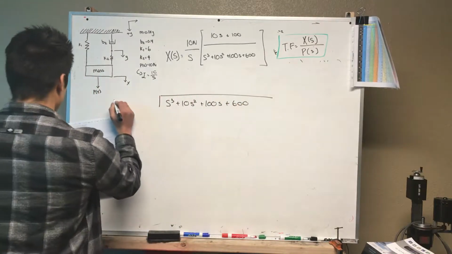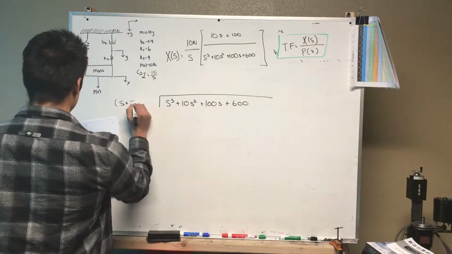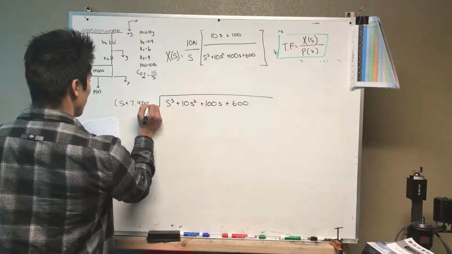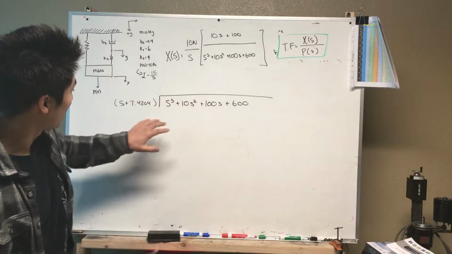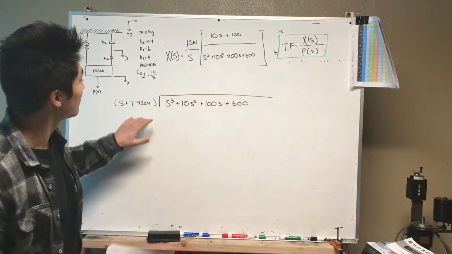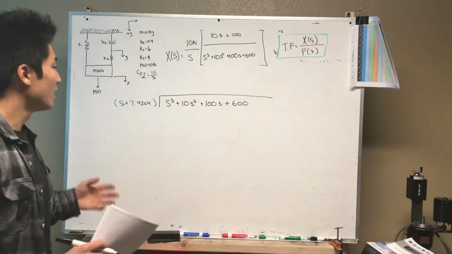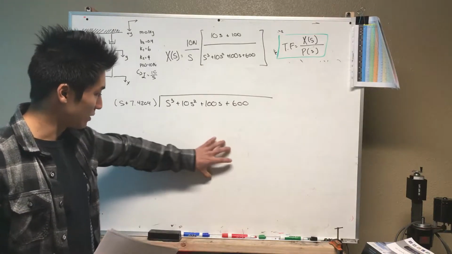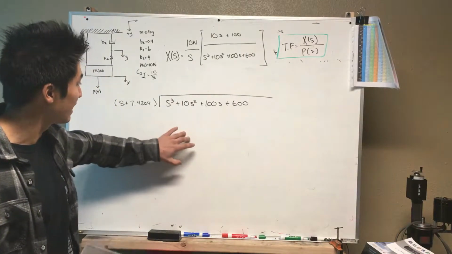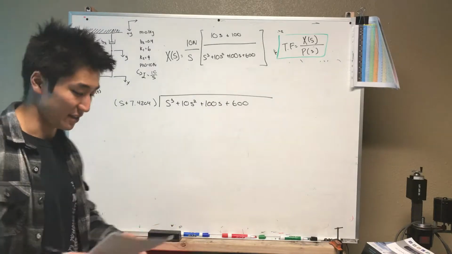And like I said, we have our s plus 7.4204 right there. We want to see what multiplied by anything up here actually equals this. And sometimes you might be left with remainders and whatnot, but in this case it's going to be much easier, and you're going to see why.